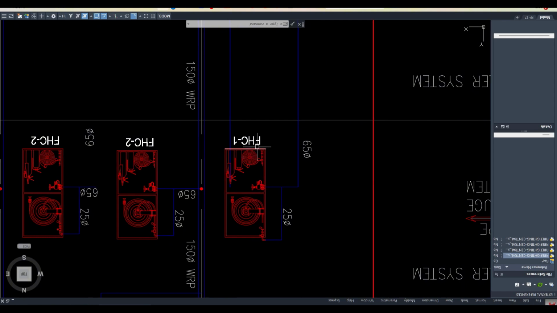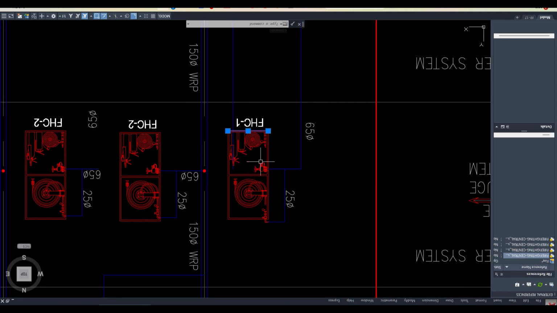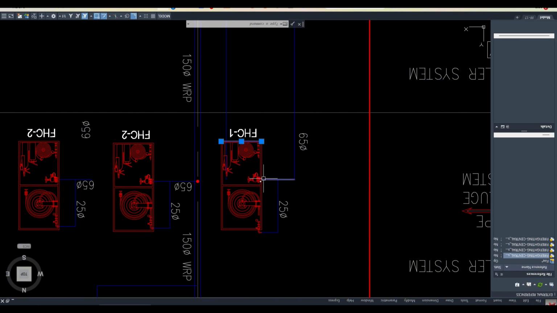If the bottom of this cabinet is 200 mm away from the FFL, in that case this will fall within 1000 mm. But we need 900 mm, which means we have to reduce another 100 mm. So to achieve this within 900 mm, the bottom of your fire hose cabinet should be 100 mm away from this FFL.